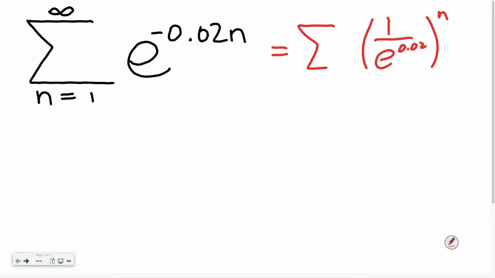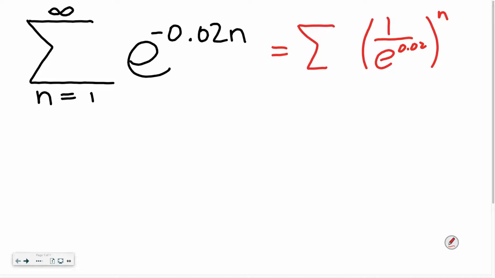Yes, that just makes sense. e to the 0.02 is just going to be a really large root. If you take a really big root of anything, it's going to make it approach 1, but it's not going to be less than 1. Very, very close. Because the square root of 1 is 1. Any root of 1 is 1.